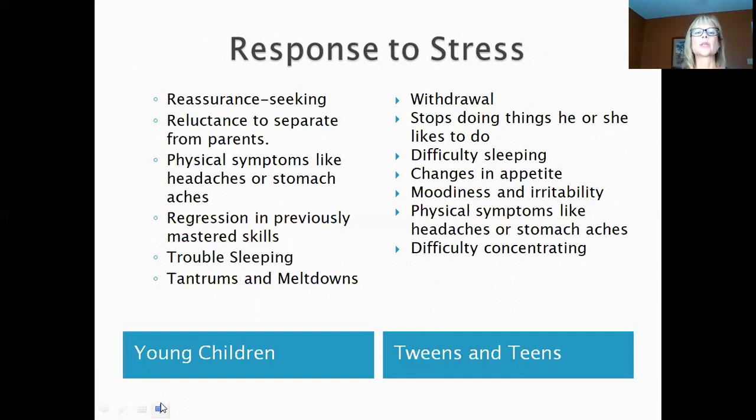They're just not able to express themselves appropriately. Whereas with older kids who are more verbal and able to express themselves, we're going to start seeing the mind-body connection, meaning how it affects a person mentally, physically, through their relationships, etc. And that can be a guidepost for you as well.